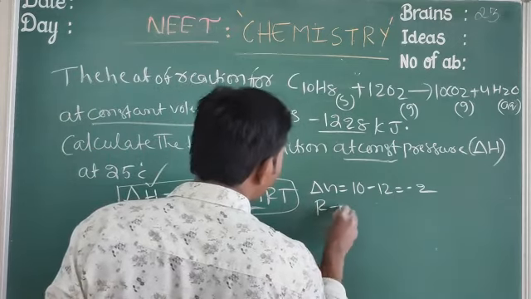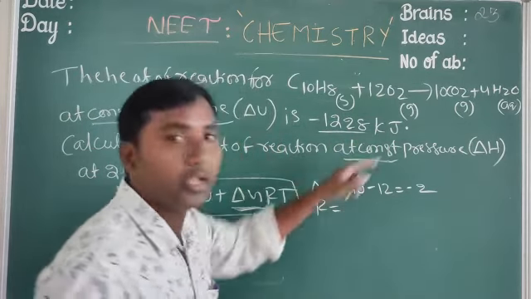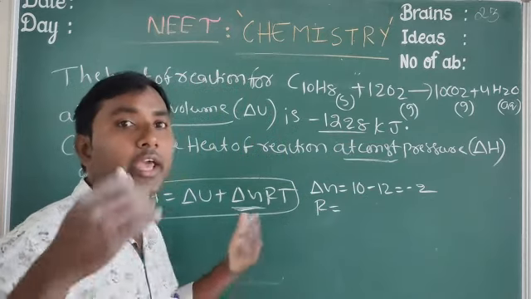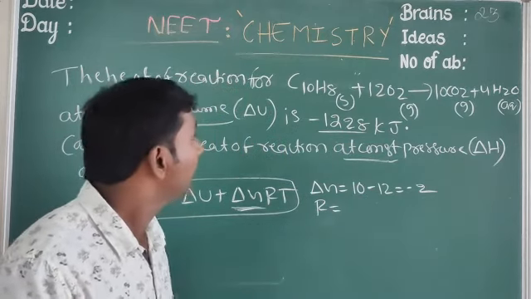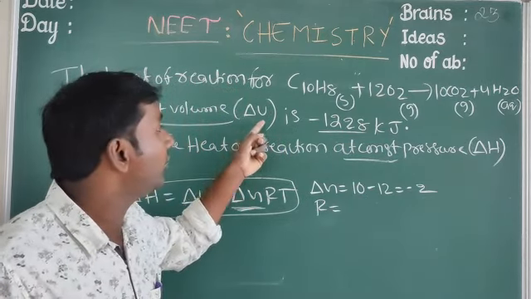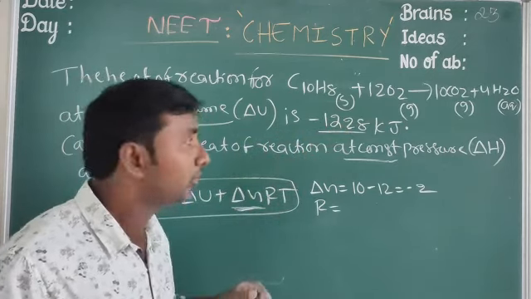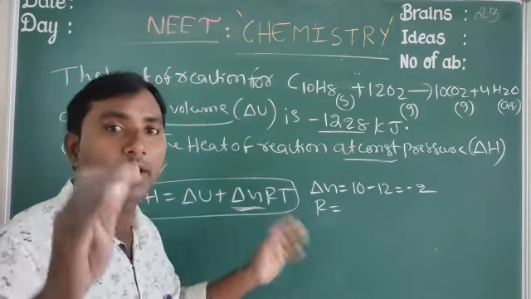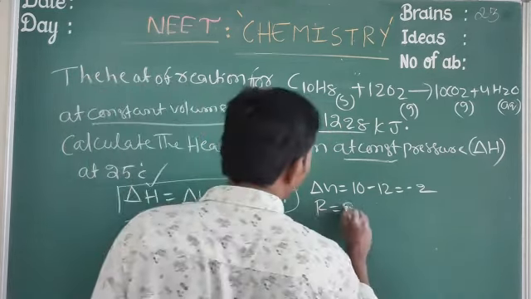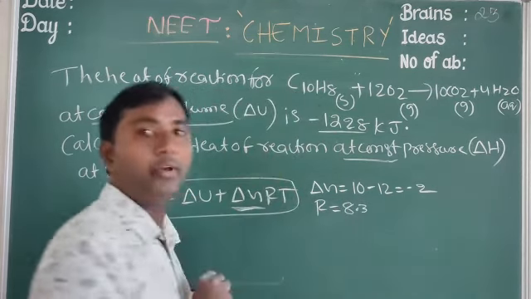R value here, kilojoules given, so R value should be taken in joules, because the internal energy change is given in kilojoules. So units being uniform is very important.